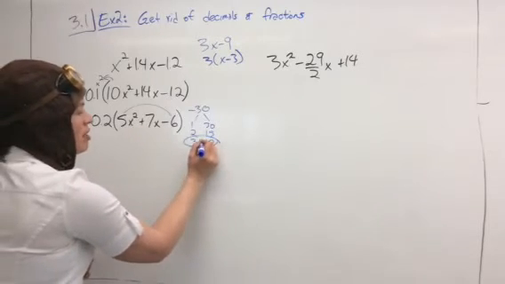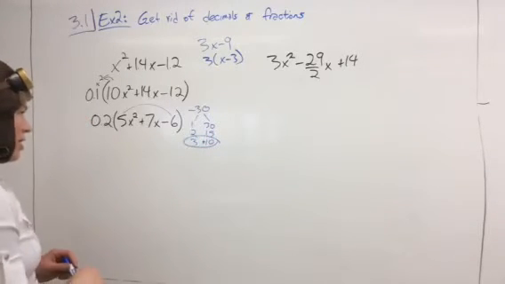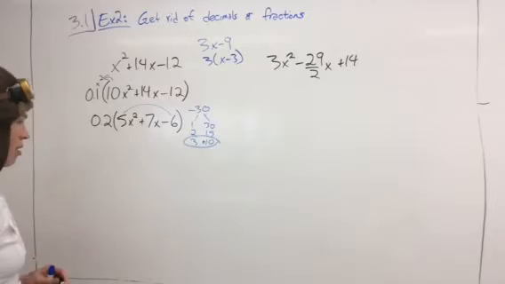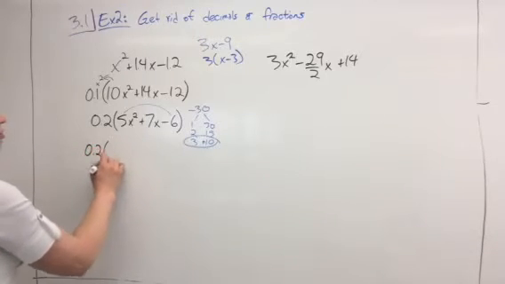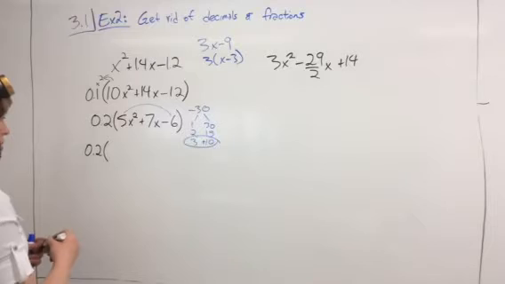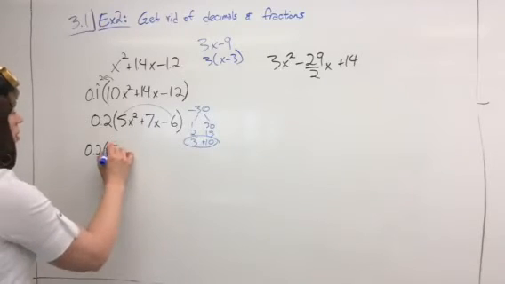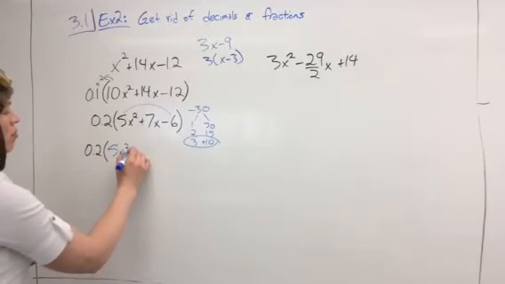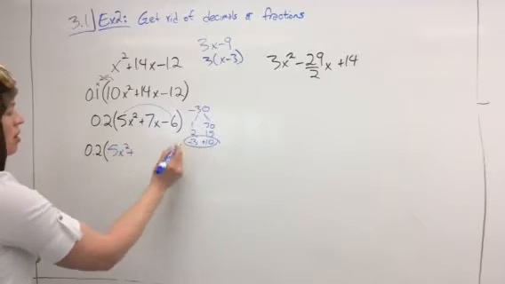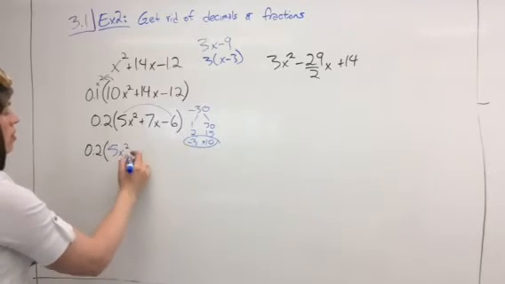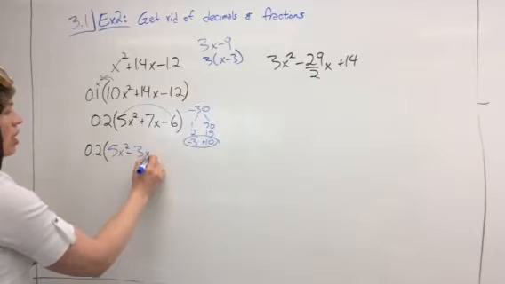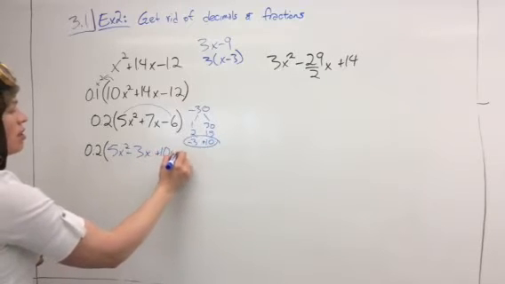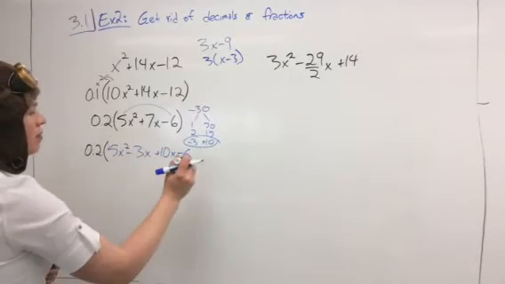10 has to be the positive one, so I'm going to rewrite this with the 0.2 just on the outside of the brackets, and then 5x squared, minus 3x plus 10x minus 6.